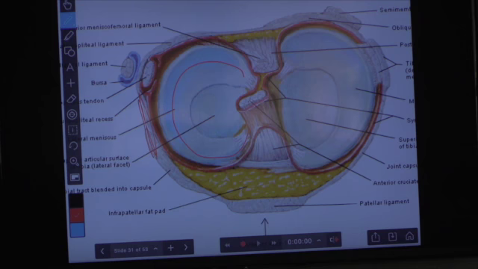Medial meniscus is C-shaped. It's attached to the middle collateral ligament. It does not move as freely as the lateral meniscus. You are more susceptible to having a problem with medial meniscus than lateral meniscus.